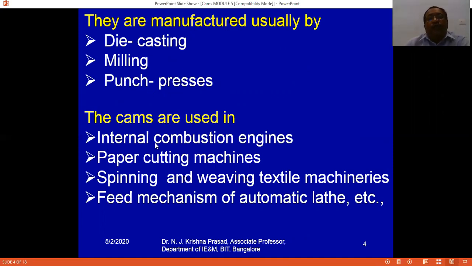The CAMs are used in the operation of valves in internal combustion engines, paper cutting machines, spinning and weaving of textile machineries, and feed mechanism of automatic lathe.